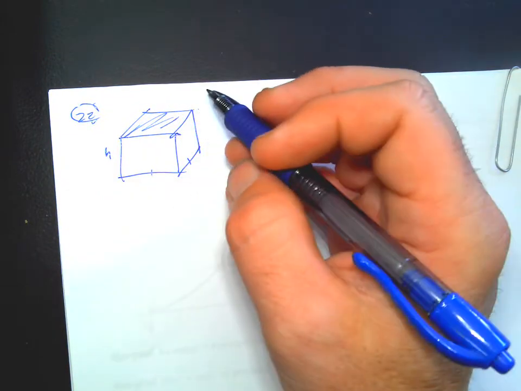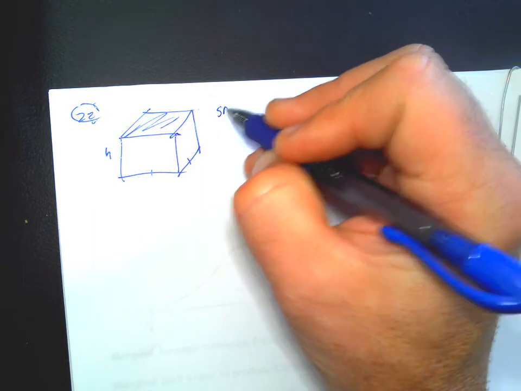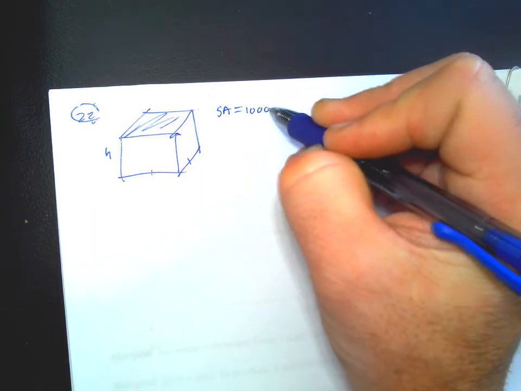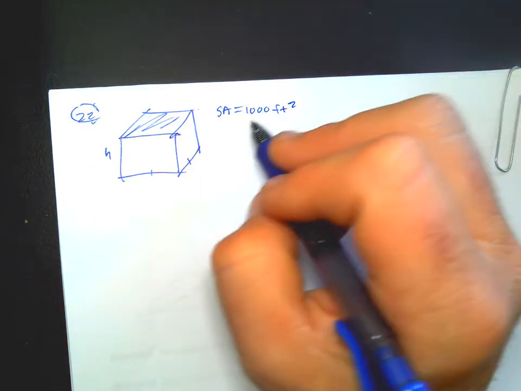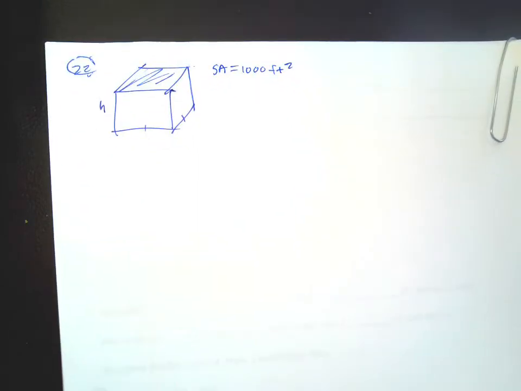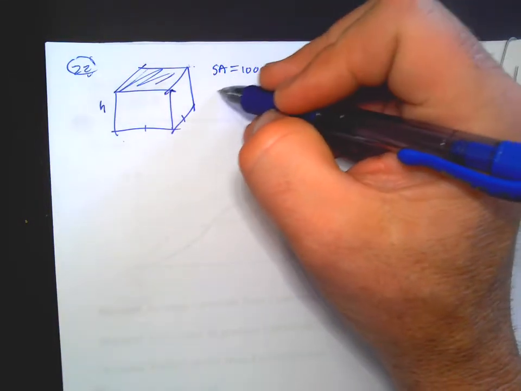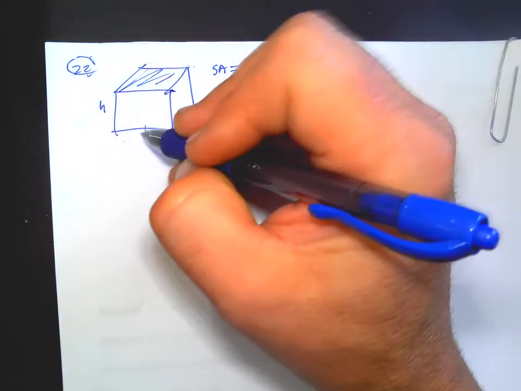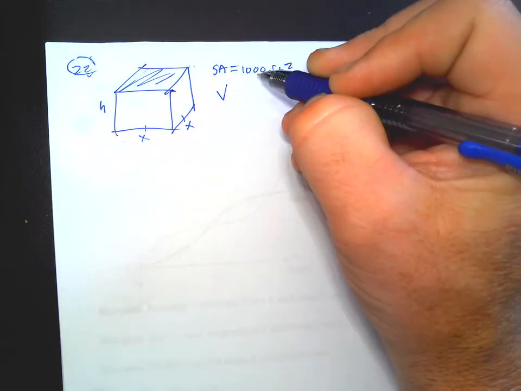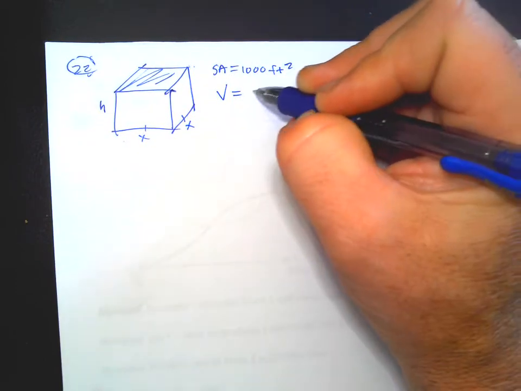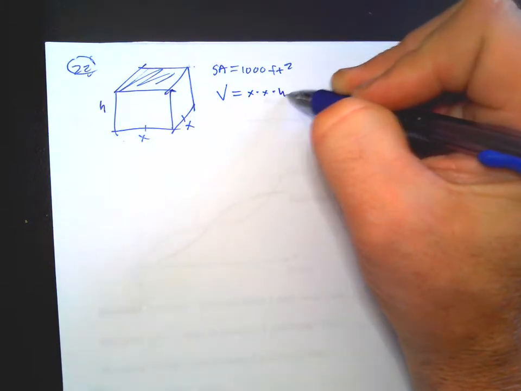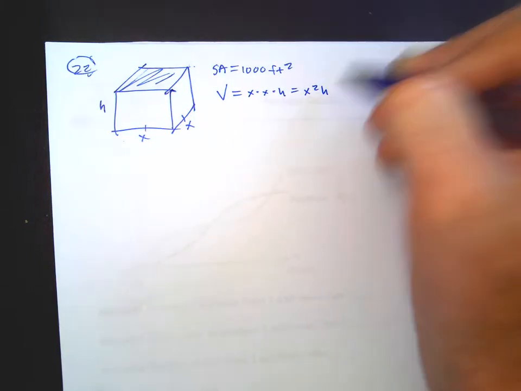It's going to be made of 1,000 square feet of material. So that's the surface area of our material. It says find the dimensions of this container with the greatest volume. So we're looking for the greatest volume. Now I'm going to call these down here x and x because they're the same, because it's a square base. So I'm going to say the volume is x times x times h, or x squared h.